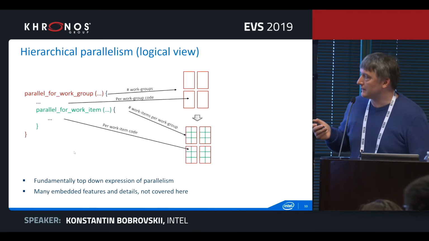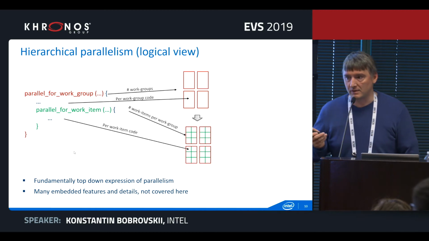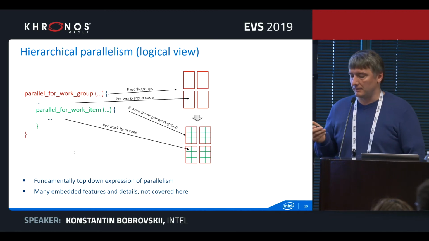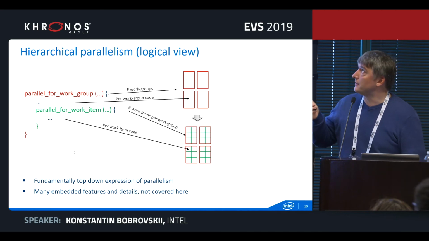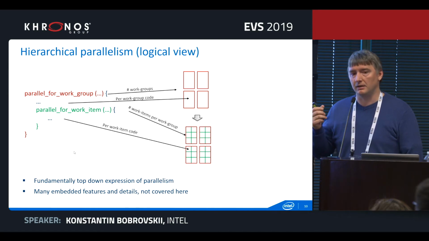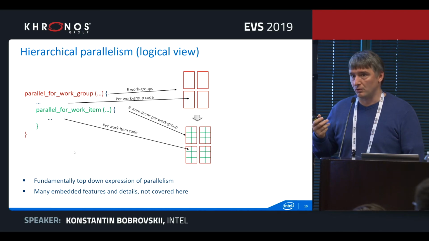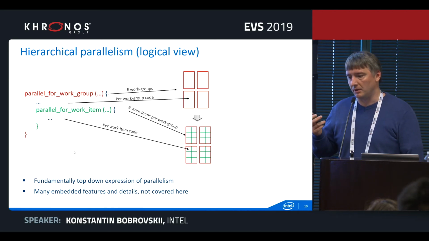Okay, and another interesting feature of SYCL compared to OpenCL, for example, is the hierarchical parallelism feature. Basically, it allows you to explicitly define at least 2 levels of parallelism in your program. For those who program in OpenMP, there is the OpenMP teams distribute construct with a nested OpenMP parallel for.